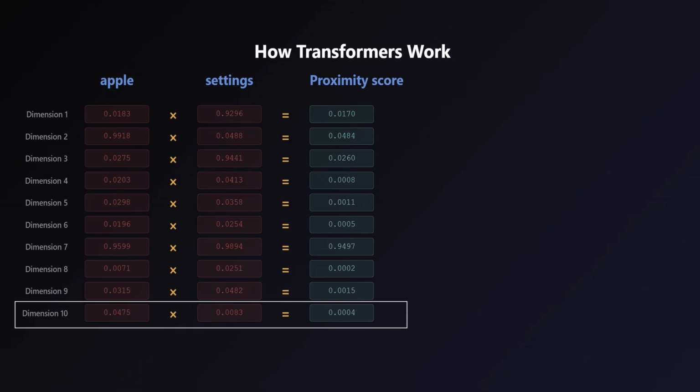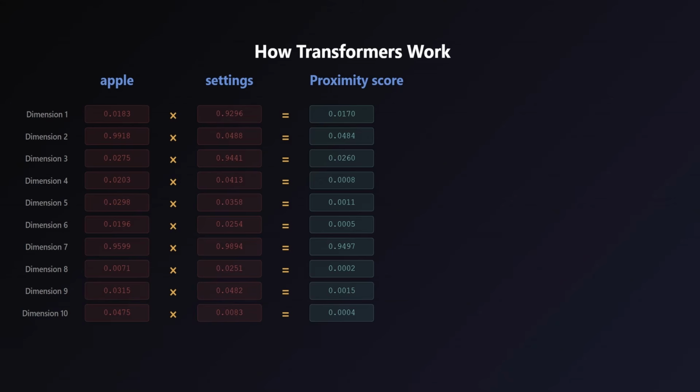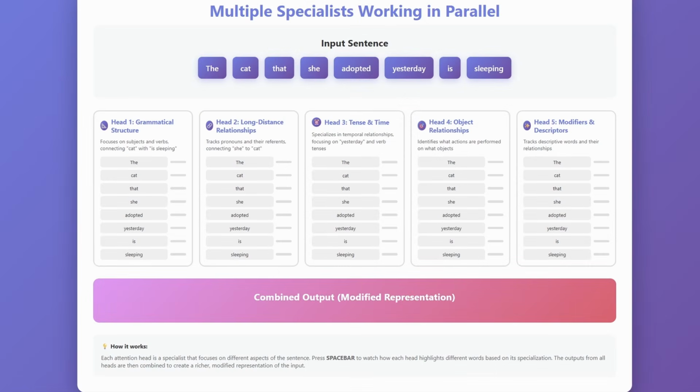Crazy simple. So basically, dot products. High score, those words relate. Low score, they don't. Then using those scores, each word mixes in information from all the others. So every word you see ends up carrying who it connects to, who it depends on, and what's happening in the whole sentence.